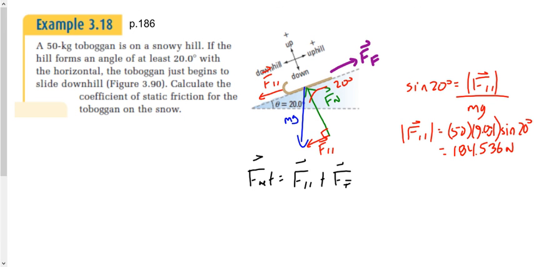Mass times a is 0. So you're going to find that FSF max ends up being equal to 184.536. Remember those questions we were doing with friction earlier in the unit? The force that was just required to get it moving was equal to the max force of static friction. No different here.